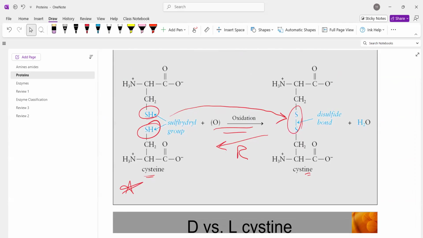We're going to get to cross links in a minute here. And this is one of the cross links that determine that. The cysteine cross links. They're very, very strong cross links because they're covalent.